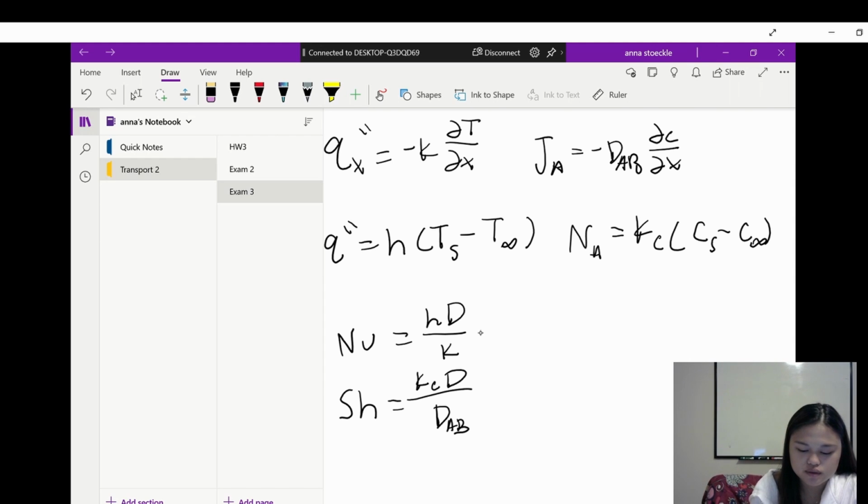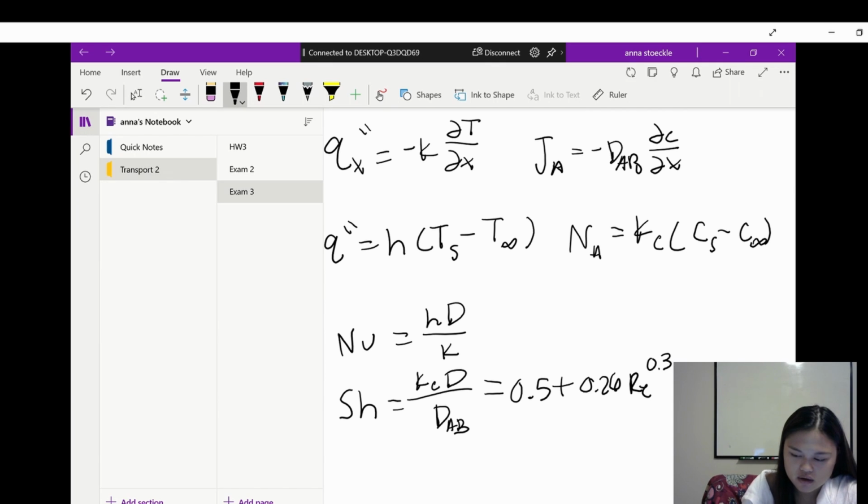So let's say, for example, I got 0.5 plus 0.26 times the Reynolds number to the 0.3 power, times the Schmidt number to the 0.41.